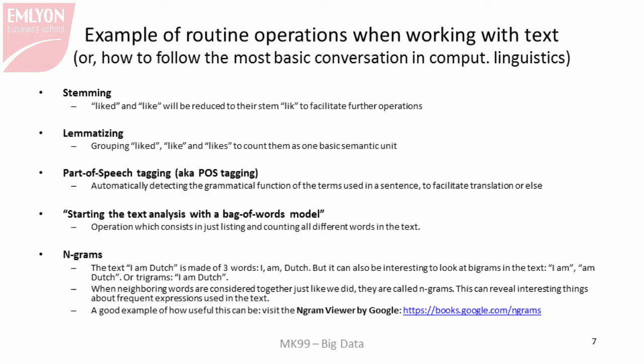It wouldn't work for Chinese, for example Mandarin, but for Indo-European languages, very often the last part of the words can vary, and stemming is the operation that consists in leaving this last part out, so that terms from the same family, such as like, likes and liked, can be regrouped and counted together for whatever you want.